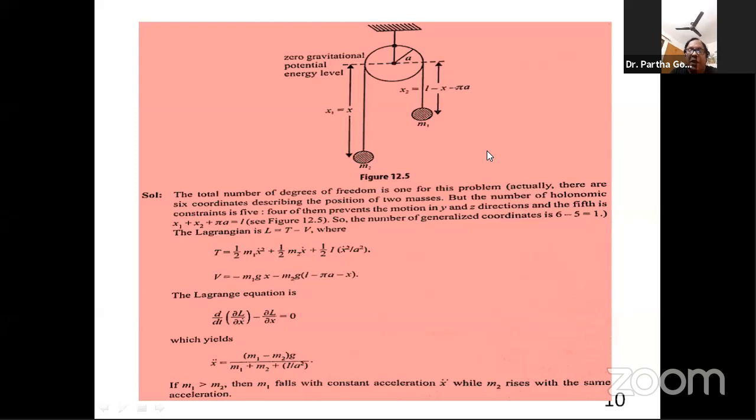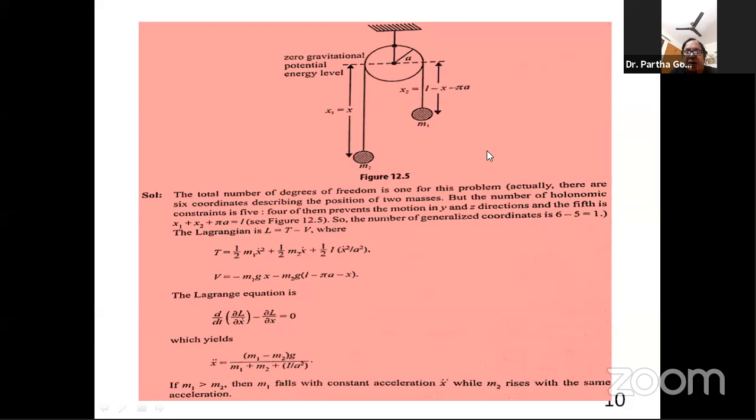Some students are asking if you could repeat it once more. If the string is not to slip on the pulley, then the string velocity and the linear velocity corresponding to the angular velocity omega of the pulley, which is omega a, should be equal. If the two velocities do not match, the string will slip over the pulley. I think my point is clear.